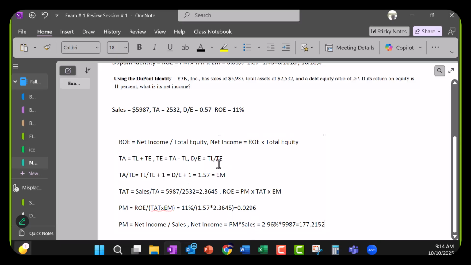Again, key is to use what you know. I started with net income, but it's easier with PM because I have means to calculate both equity multiplier and total asset turnover. And since I know return on equity, it gives me the means to calculate profit margin, which in turn gives me the sales.